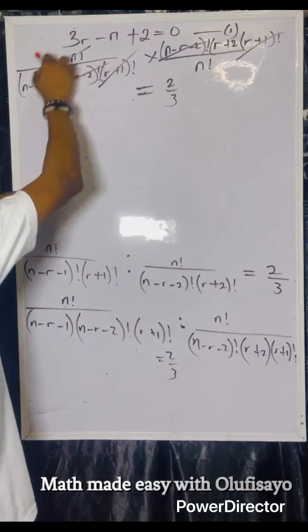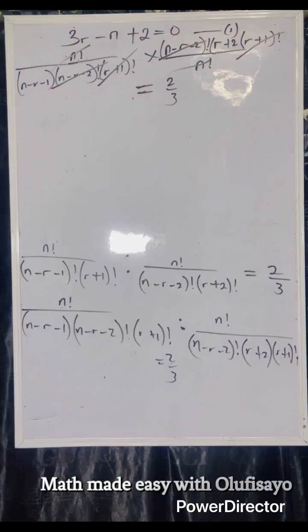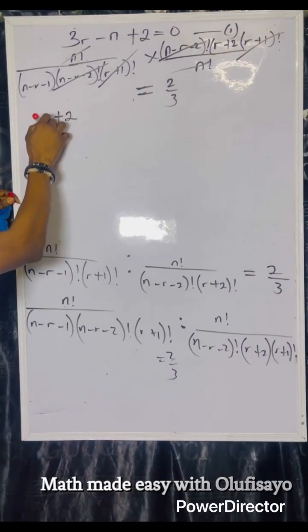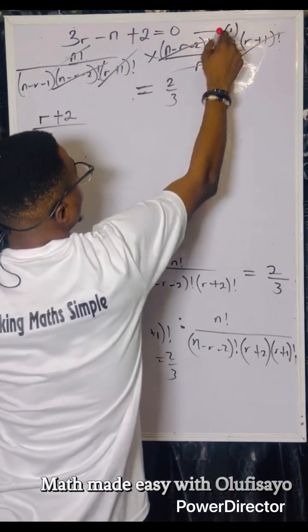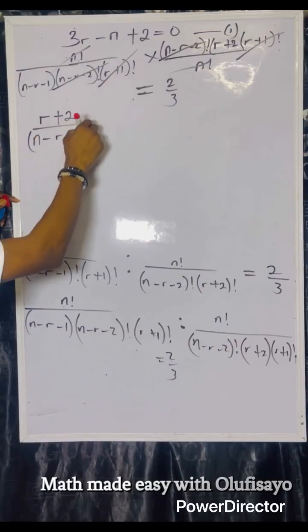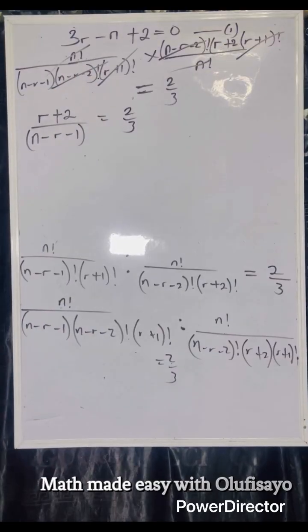And the last one is n factorial can cancel n factorial. So what we have left in the equation is (r plus 2) over (n minus r minus 1) equals 2 over 3.